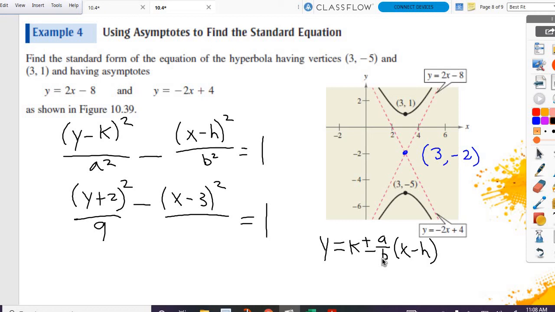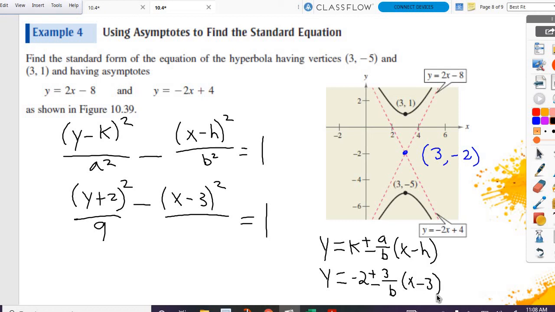Now, notice that if I plug in some of the information that I already know, this is negative 2. My A value we already found as 3. We would have that. Agreed?